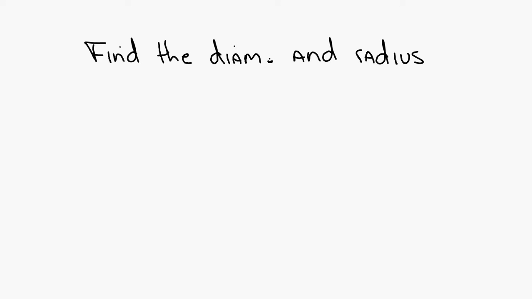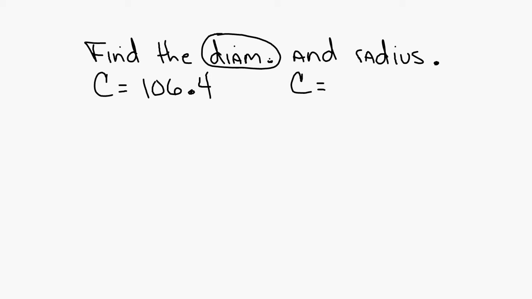Okay, here's what's given. You're given that the circumference is equal to 106.4. Let's find the diameter first, because if you find the diameter, you can divide it by 2, and that'll give you the radius, right? So if circumference equals 106.4, and circumference also equals pi times diameter.